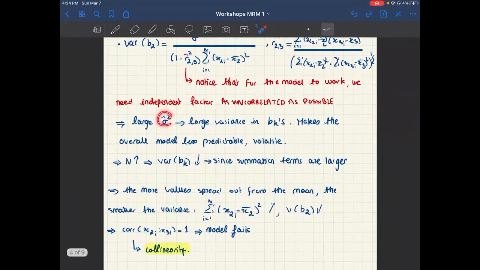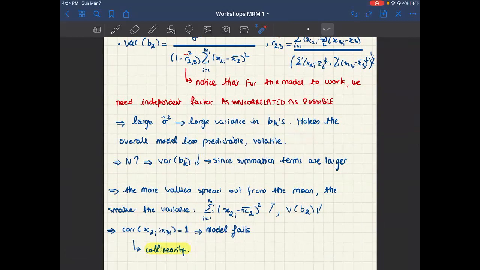The larger the estimated variance in our model, the larger the variance in the estimates for beta 1, beta 2, up to beta k. It makes our model overall less predictable and more volatile, as written right here.